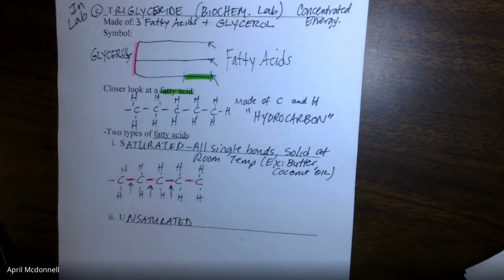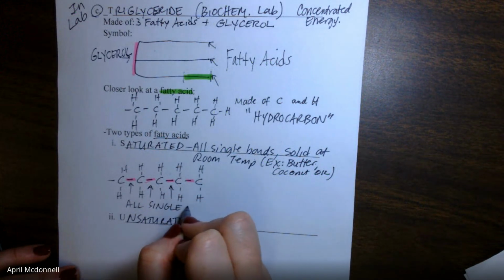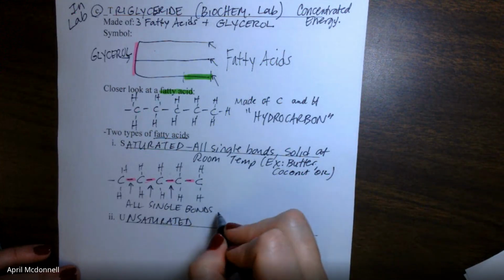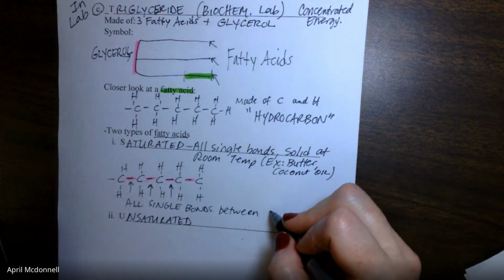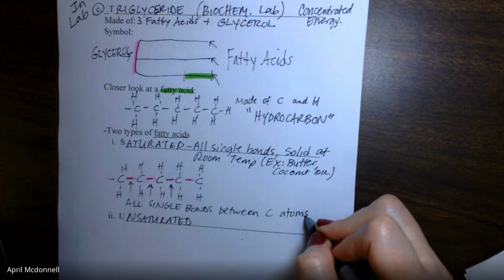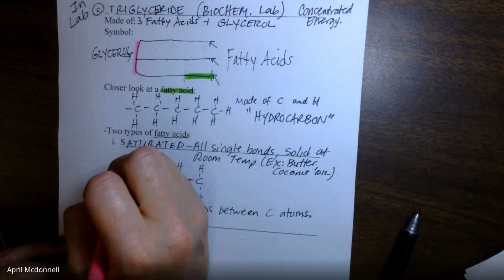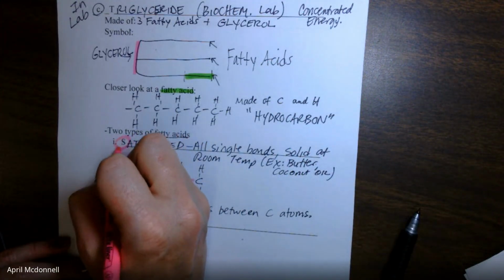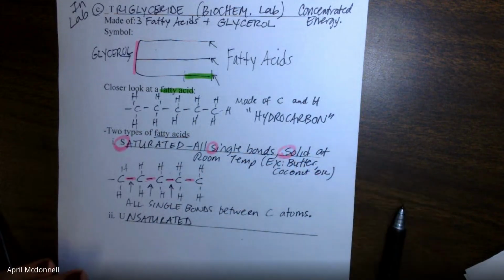So we'll highlight those single bonds, all single bonds between carbon atoms within the carbon chain. So the two major things that you want to know about saturated fats: they have all single bonds and they're solid at room temperature. I like to remember the 3 S's.